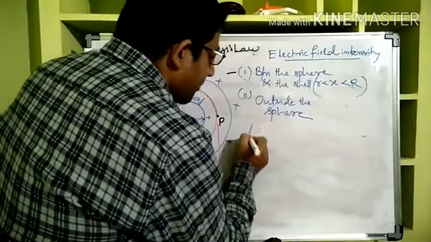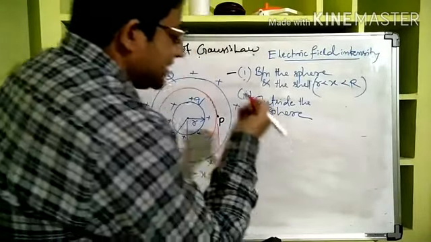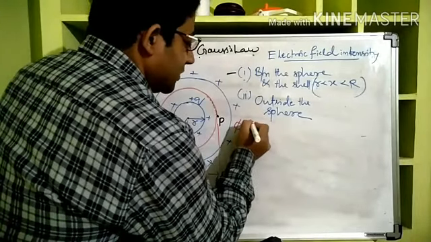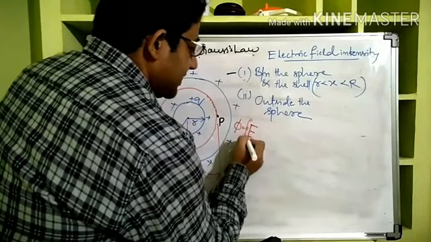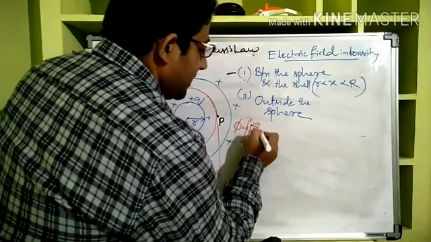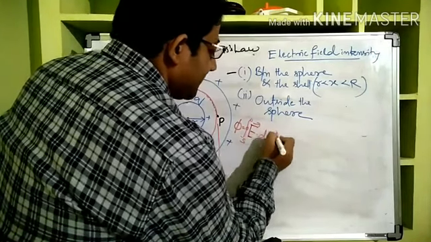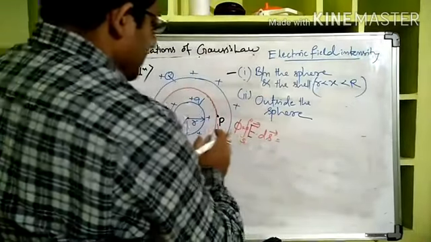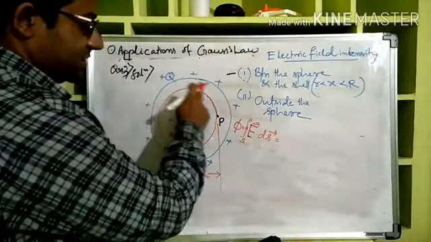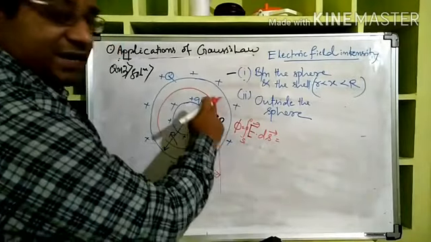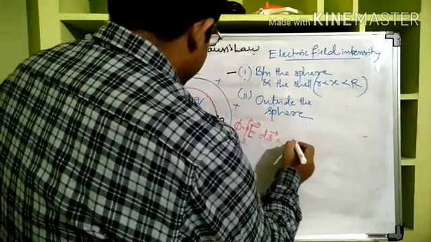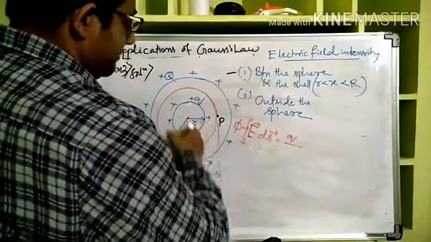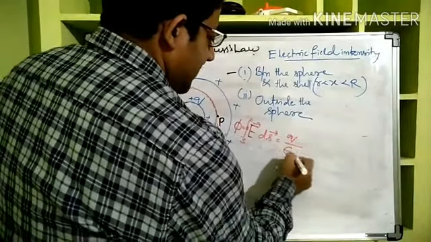Fine. So here we have to find out the electric field intensity at this point. Now according to Gauss law, electric flux is equal to the closed surface integral of E dot ds, which is equal to the charge enclosed. The charge enclosed in this red sphere which contains P is small q divided by epsilon naught, right?